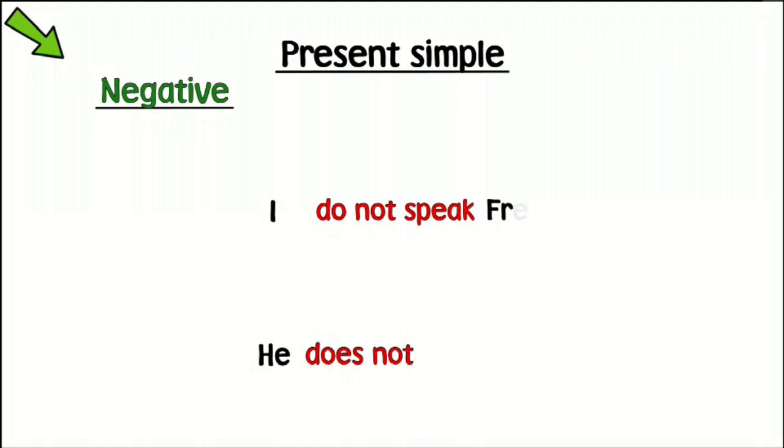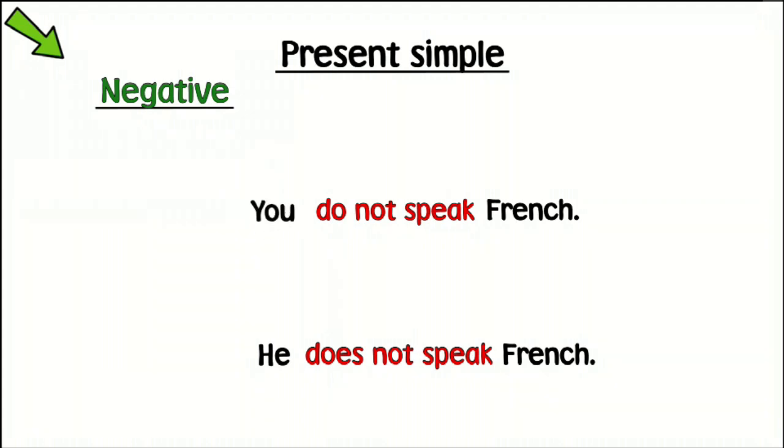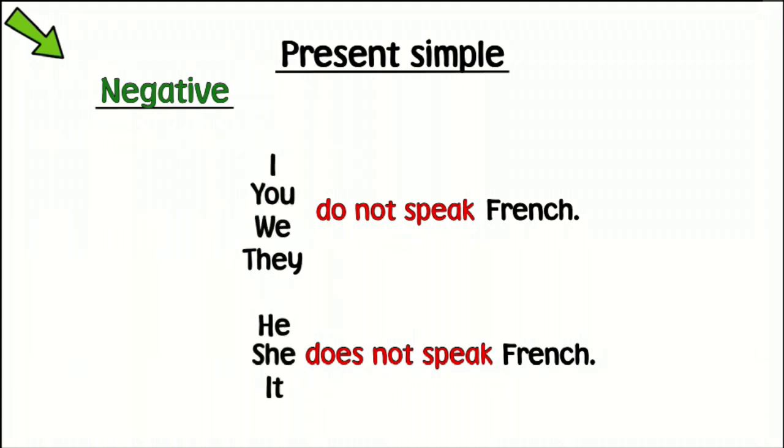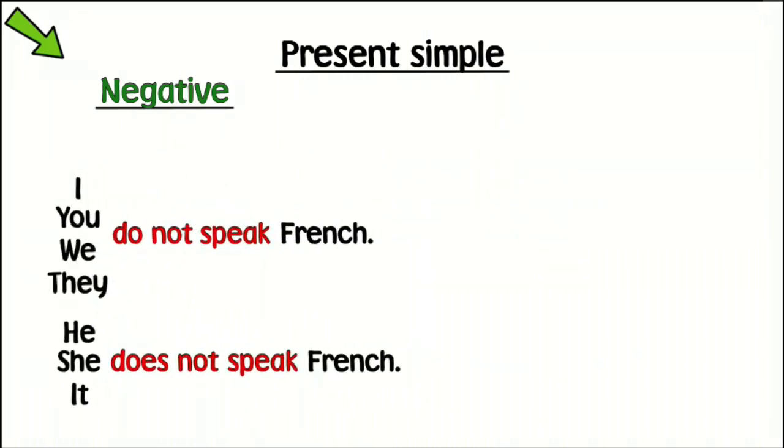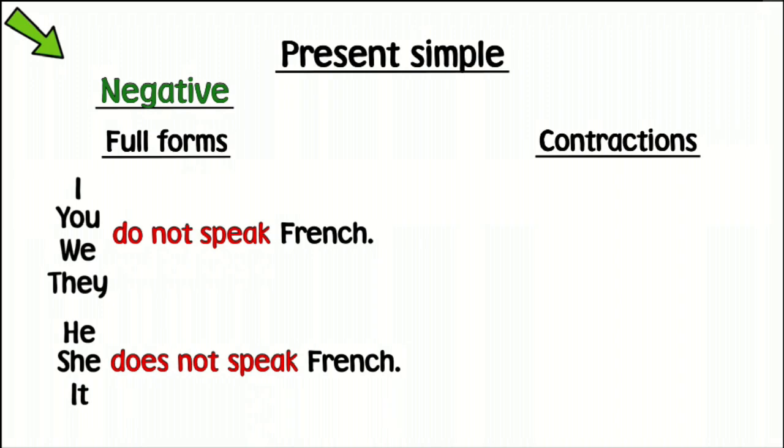We form the present simple negative with do not and does not and the base form of the verb. There are full forms and contractions of the present simple negative.